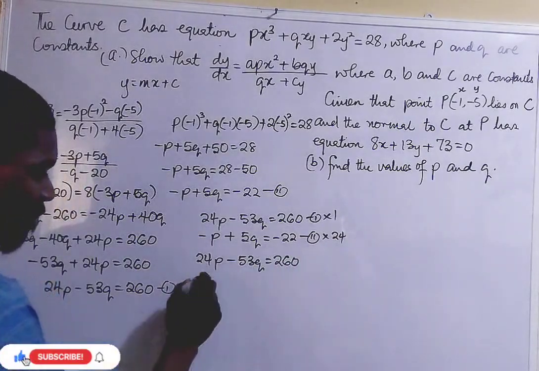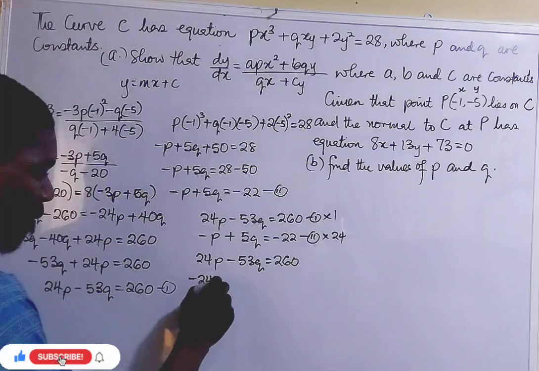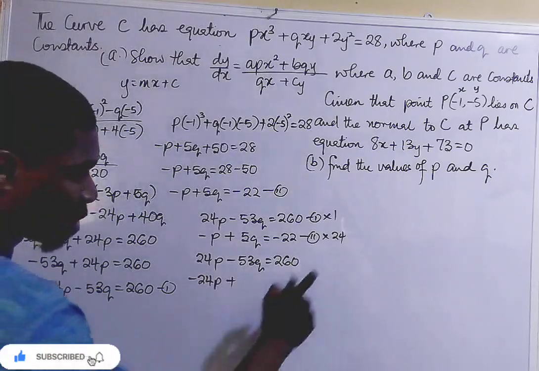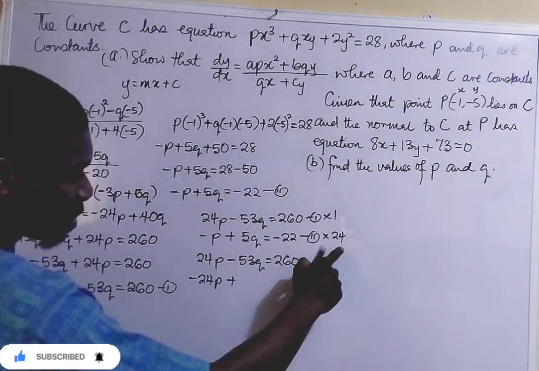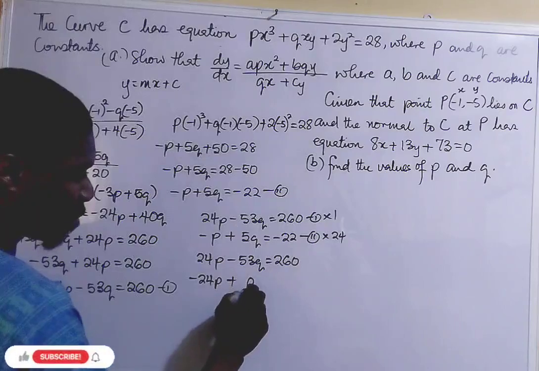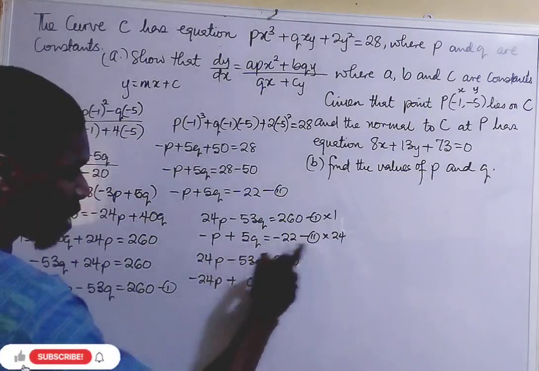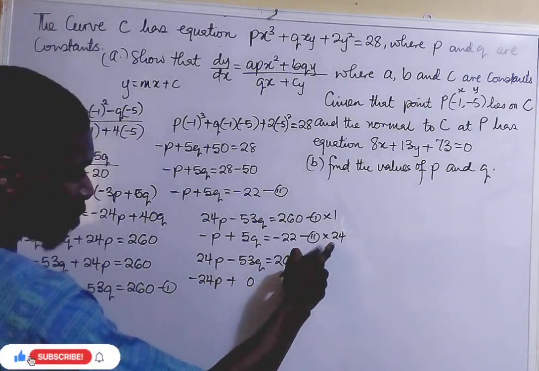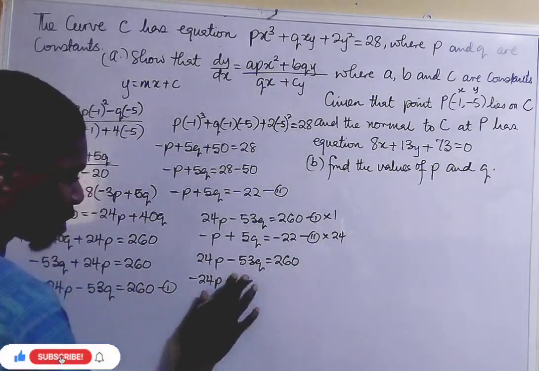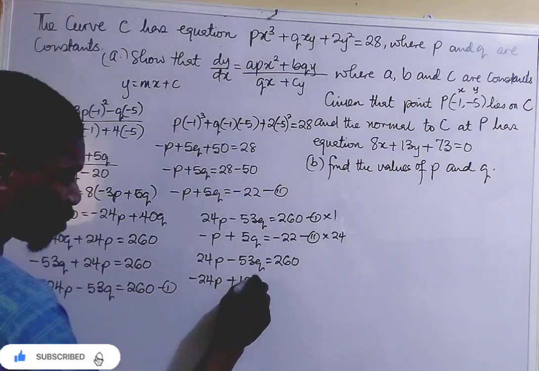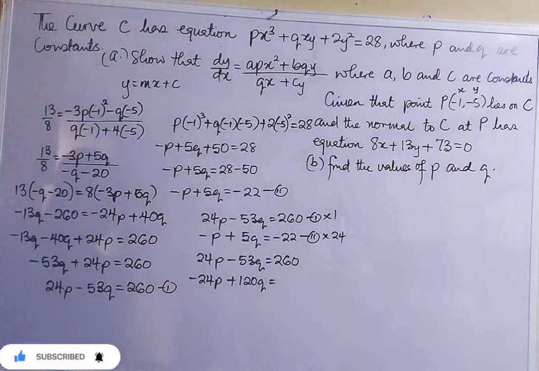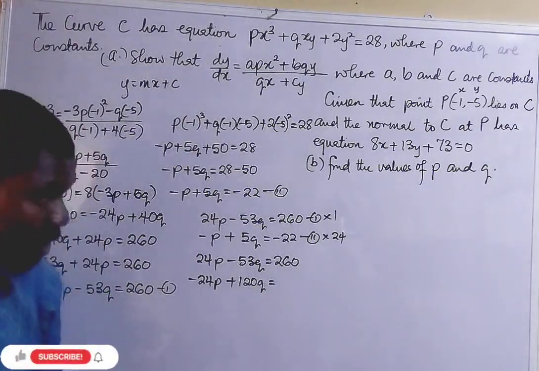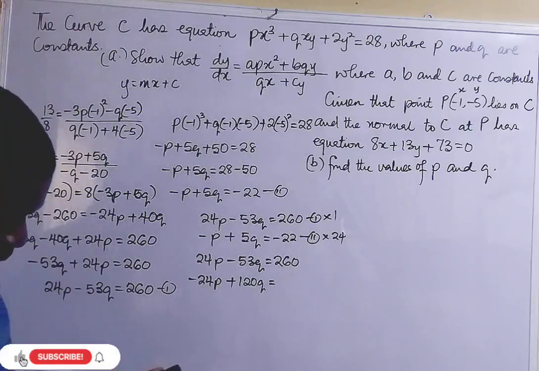Then here we have minus 24p plus this should give us 120q, then equals 22 times 24.